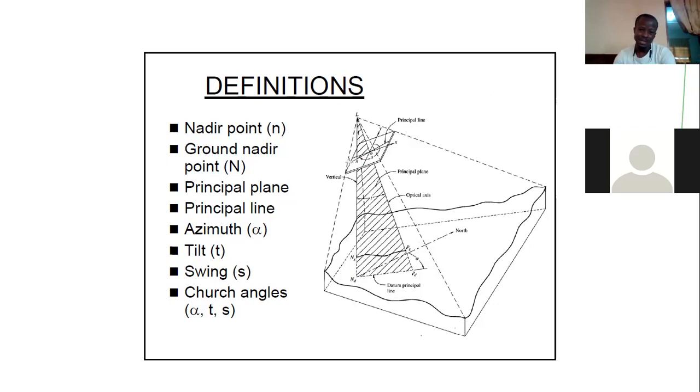So the principal line actually moves like this. The line joining the nadir point and the principal point is the isocenter, which we'll look at very soon.